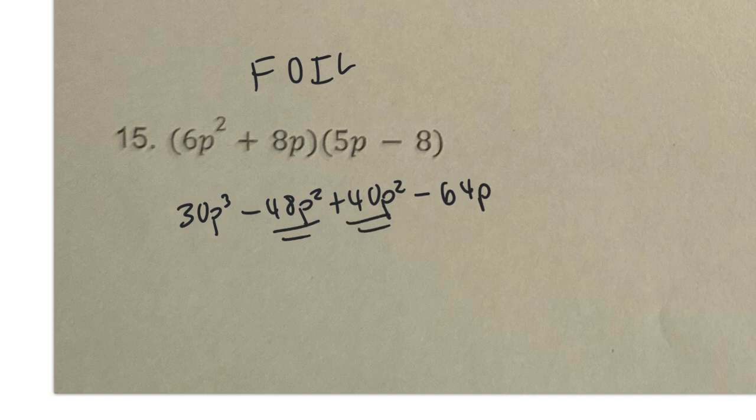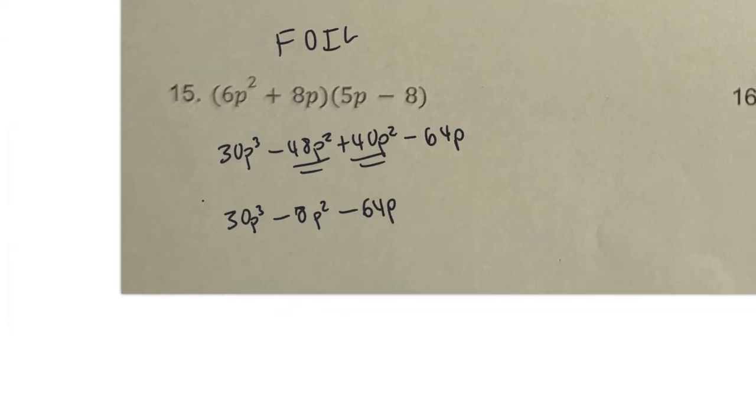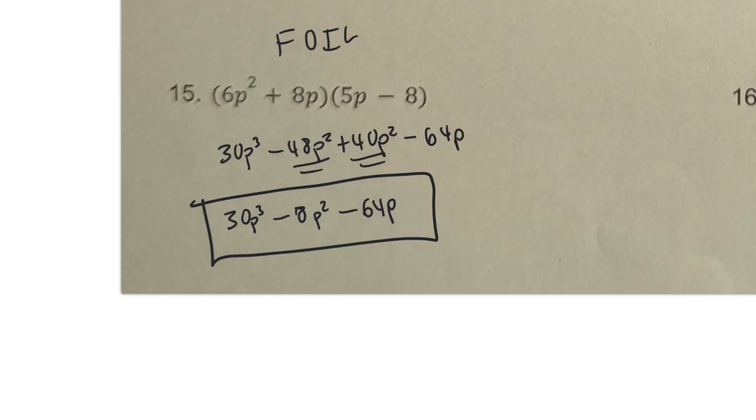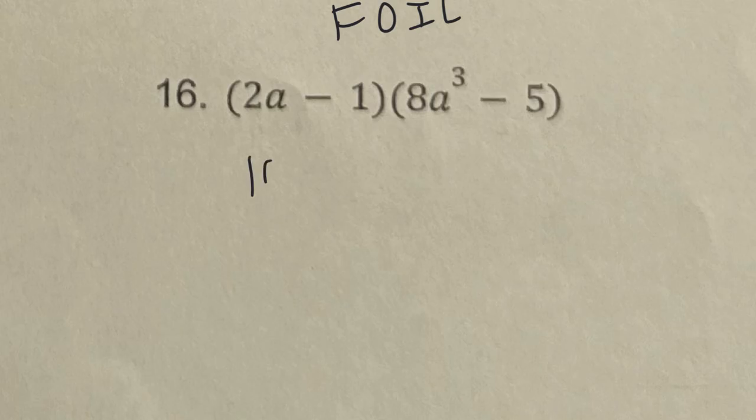We do indeed have like terms here. So we have 30p cubed minus 8p squared minus 64p. And I do think that's as far as you can go with that. This would be FOIL. First times first would give us 16a to the fourth.